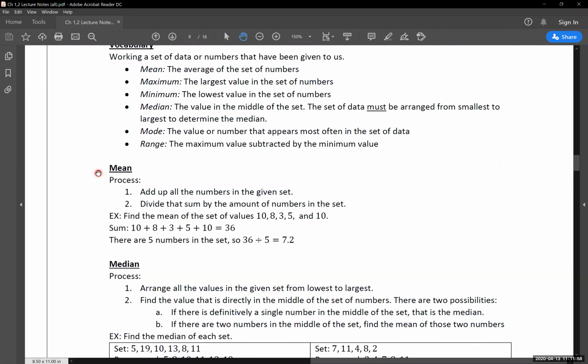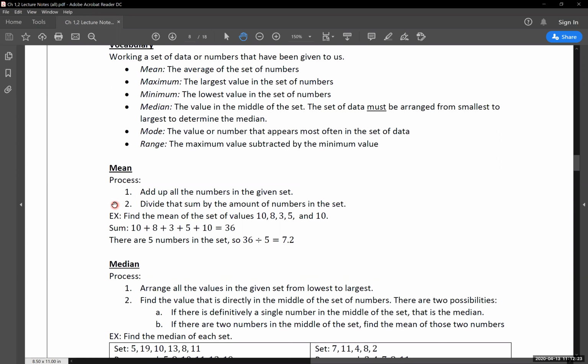So our process with this, first and foremost, we're going to add all of the numbers in the given set together. You can just use your calculator if you want to, but you could do it by hand. There are a couple of ways you can organize that for yourself, and we'll go through an example down here with it in a second. So I add all of the numbers in the given set.